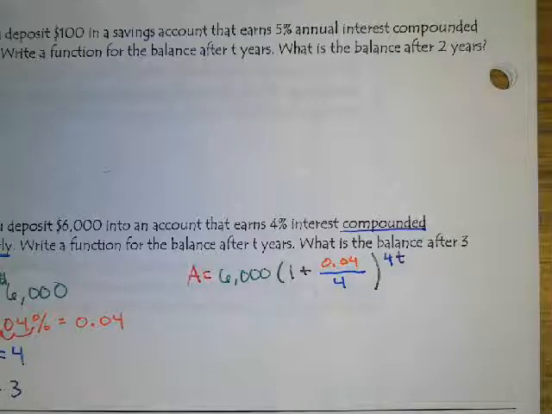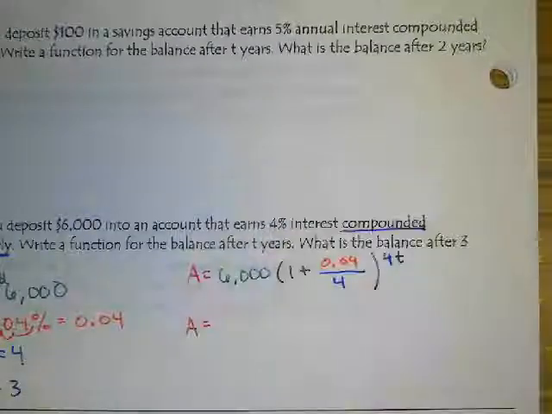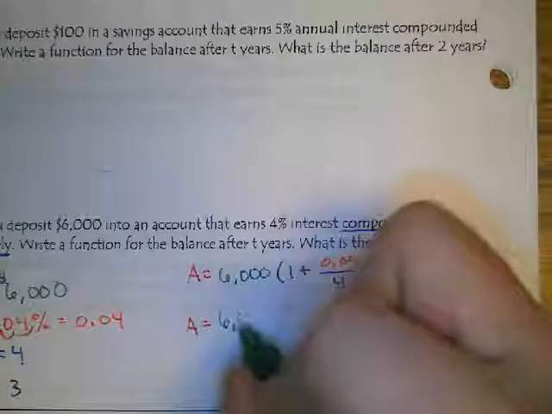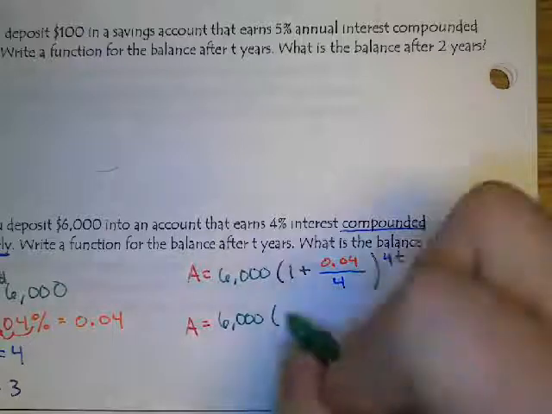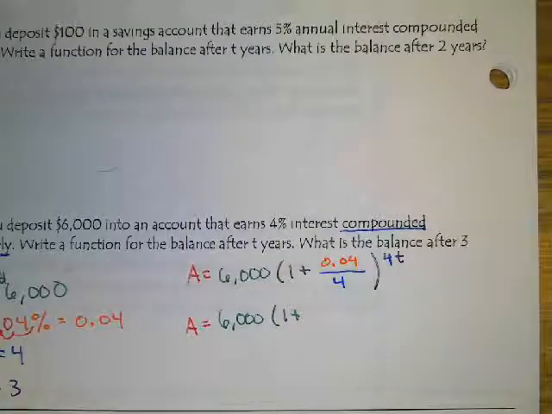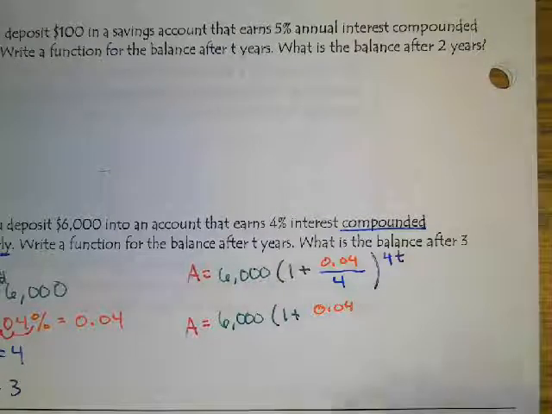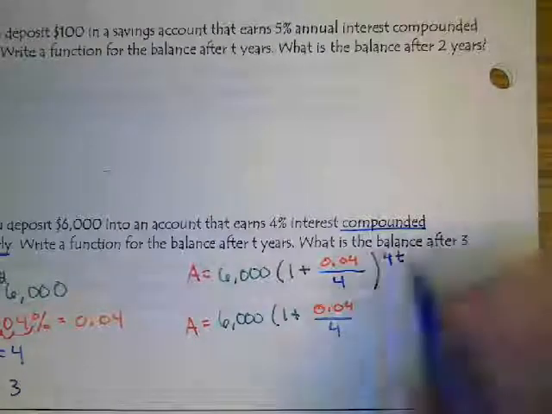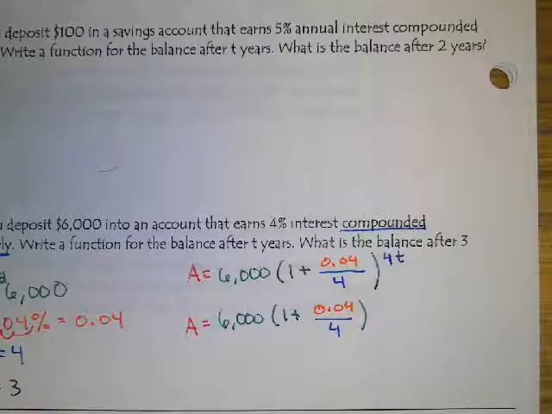Now we can simplify some things. We don't really even need to simplify anything. We can type it like we see it. Now I'm going to raise that to the 4 times 3.